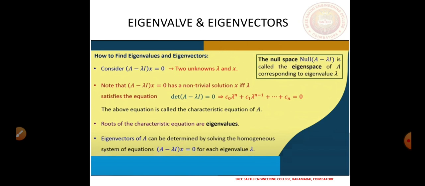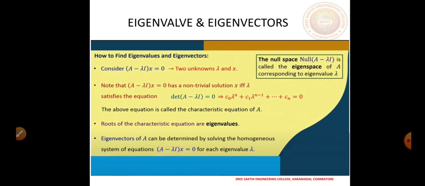So how to find the eigenvalues and eigenvectors, we will discuss now. Consider the equation A minus lambda I times x equal to 0. That is the equation Ax equal to lambda x written in this form. And there are two unknowns here.